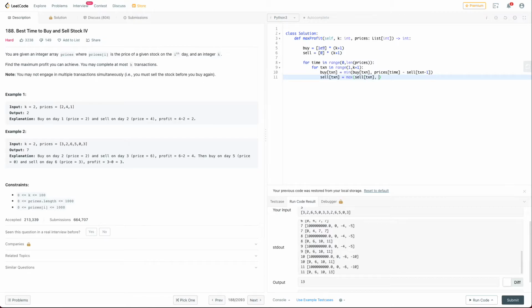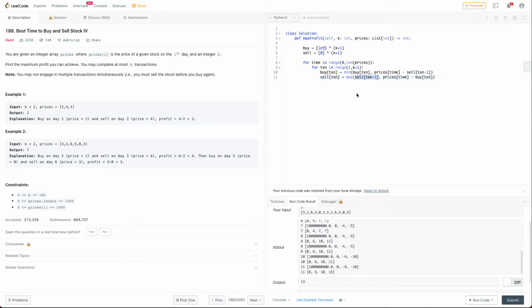So what's the sell part look like? The sell is, well, did I do better in the previous transaction, or can I do better now, which is just going to be prices in time subtracted by this by transaction.